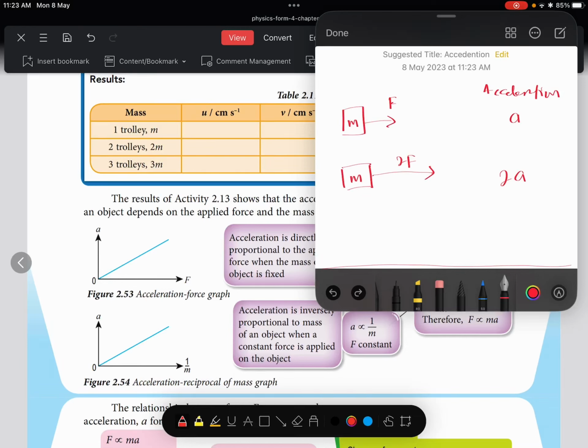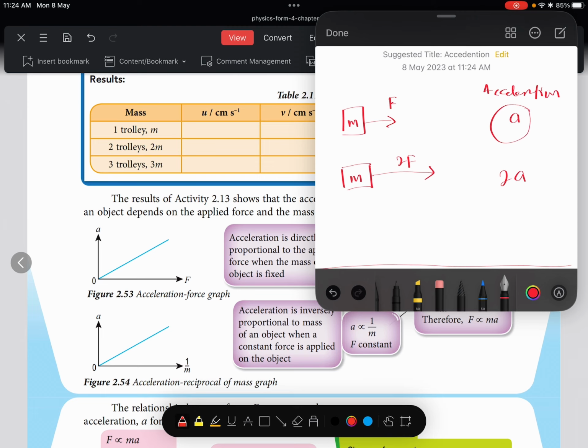Let's say we have an object with a mass m, and a force F pulls it in one direction. Of course, the object will move with acceleration a.